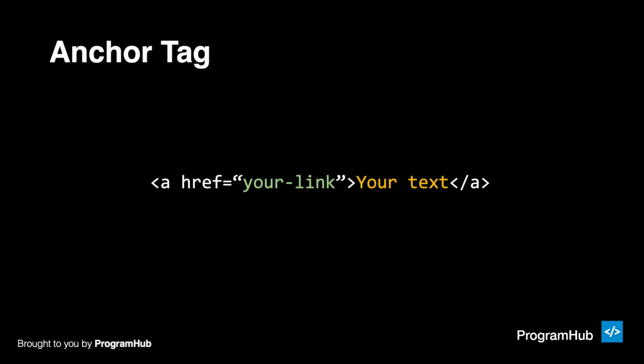Whatsoever it might be, that's up to you. And after that, you have to write the name that you want to give that link. For example, you want to write click here, and clicking on that text, it will point to the other web page, for example a google.com page. Okay, and it's closed by /a. So this is how you have to write an anchor tag.